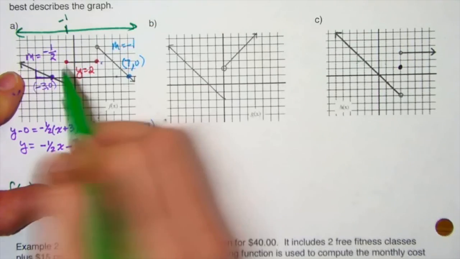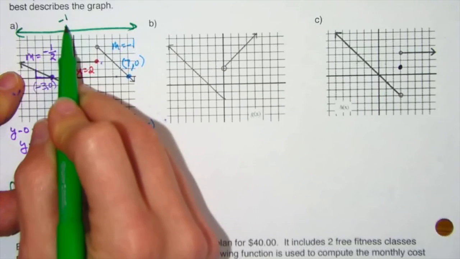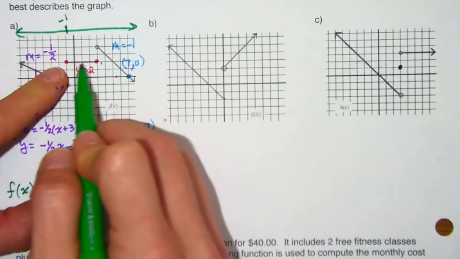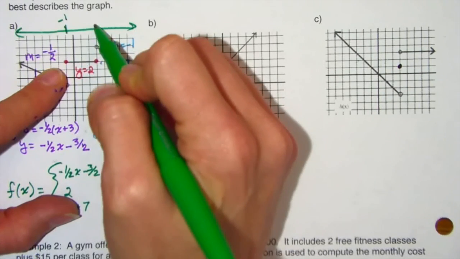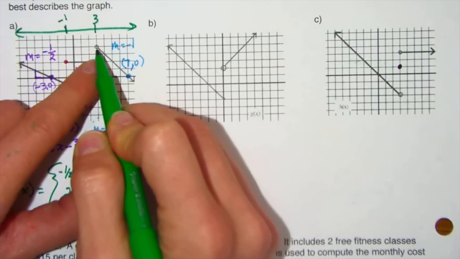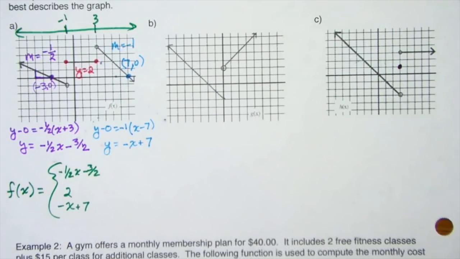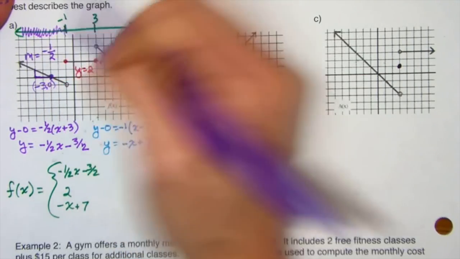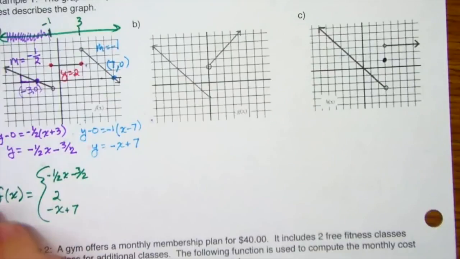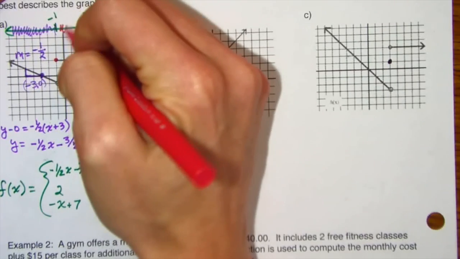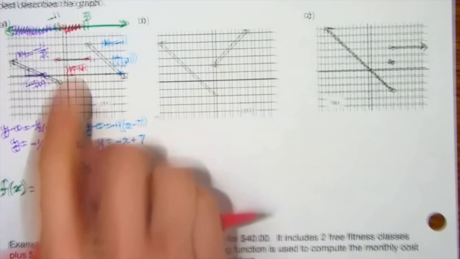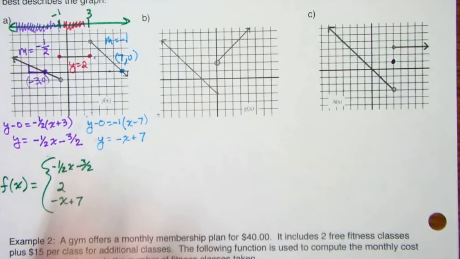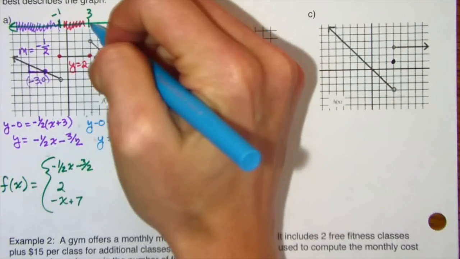Now this graph starts here, so I don't need to write another tick mark, and this graph goes to 3, and then this one starts there, so I don't need another tick mark. So this is all the x values where the purple part exists. This is all the x values where the yellow, or the red, exists. And this is where my light blue is.